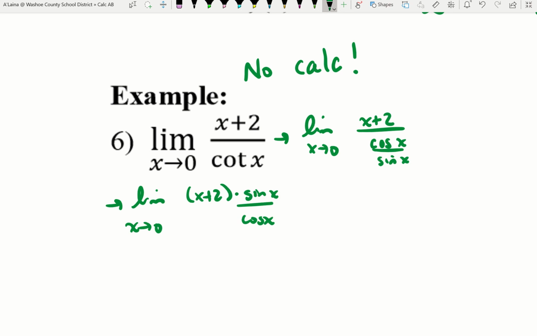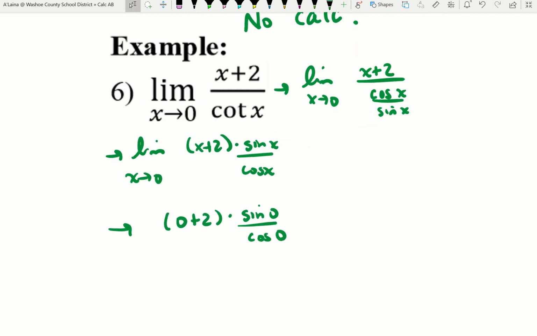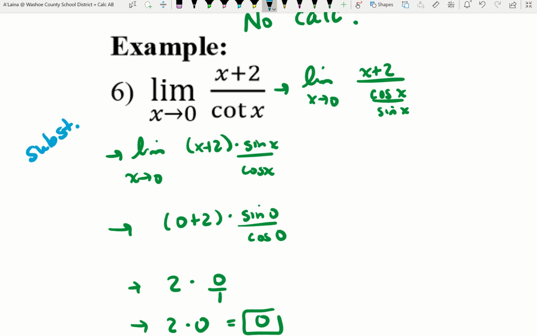And I'm now going to substitute in the 0 and see what happens. So if I substitute in a 0, I get 2 times the sine of 0 divided by the cosine of 0. So this would be 2 times 0 over 1, or 2 times 0, which is 0. And so substitution can still be a valid method. In fact, it's probably, in most situations, a really good place to start.